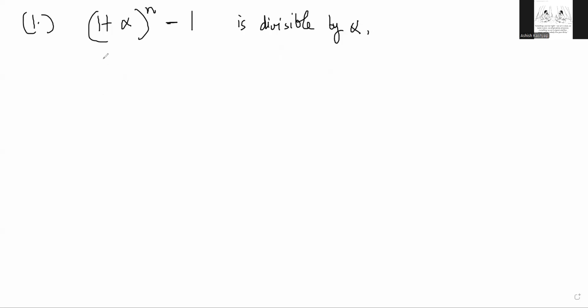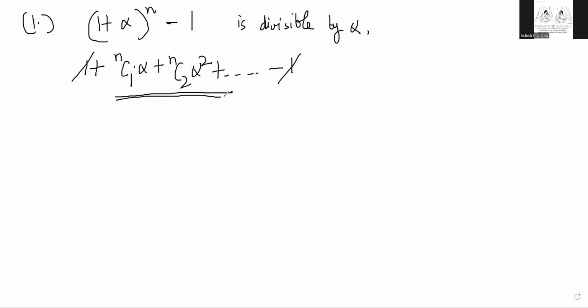It is divisible by alpha because when you expand it, it will be 1 plus nc1 alpha plus nc2 alpha square and so on. But when you subtract 1 from it, the 1 gets cancelled, and you can see that every term that remains has alpha common at least.